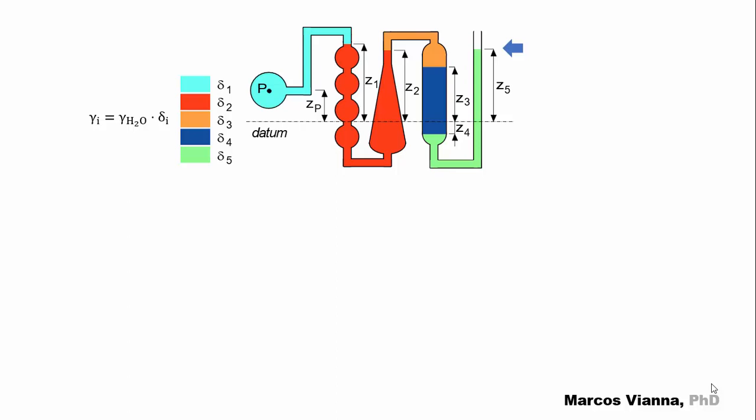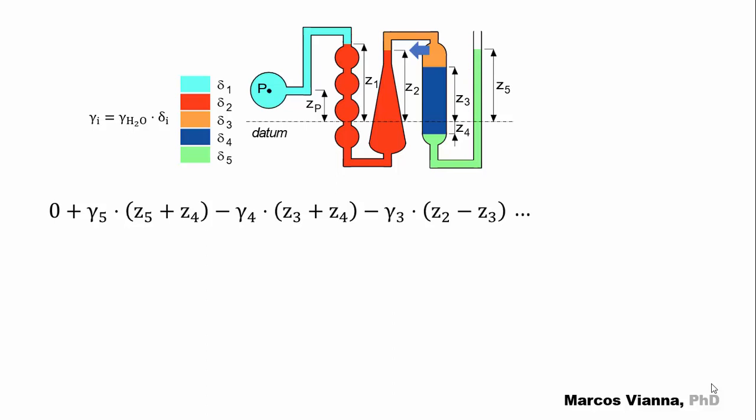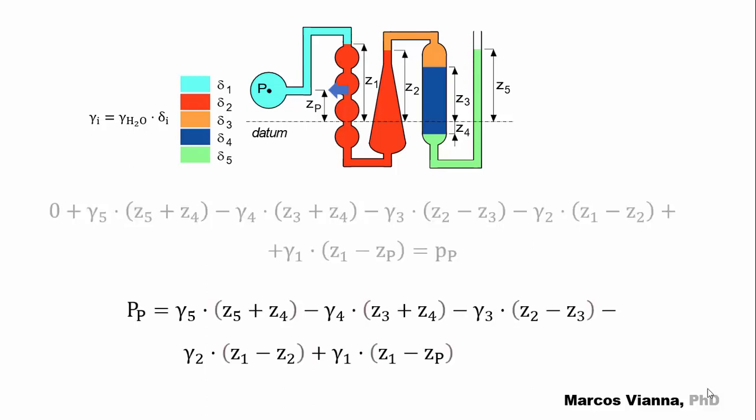Starting from the free surface where P equals 0, we write 0 plus gamma 5 times (Z5 plus Z4) minus gamma 4 times (Z3 plus Z4) minus gamma 3 times (Z2 minus Z3) minus gamma 2 times (Z1 minus Z2) plus gamma 1 times (Z1 minus Zp) equals P at P. So, P at P equals gamma 5 times (Z5 plus Z4) minus gamma 4 times (Z3 plus Z4) minus gamma 3 times (Z2 minus Z3) minus gamma 2 times (Z1 minus Z2) plus gamma 1 times (Z1 minus Zp).